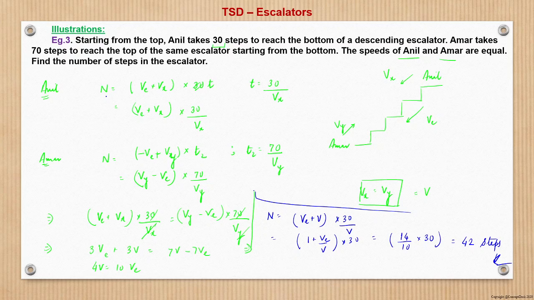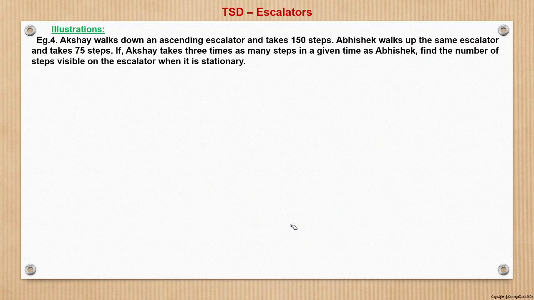With the number of steps being effective speed into time taken, we equated the two and obtained a relation between the speed of the persons and the speed of the escalator. Using that we substituted in any of the equations and got the value of n, which is the number of steps on the escalator. That is the process which we essentially adopted.